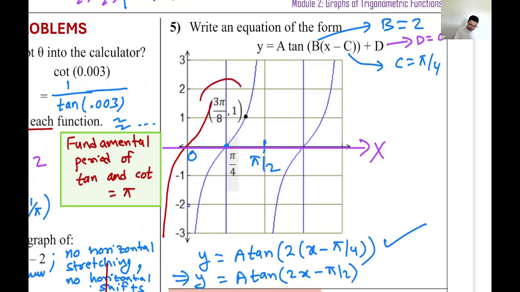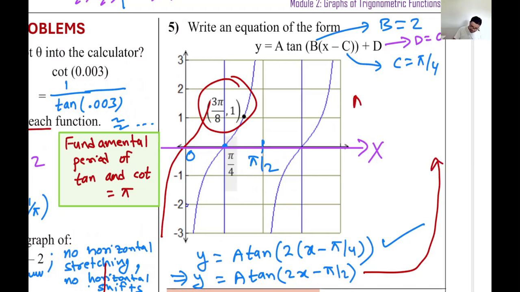I simplified it because I want to find the value of A. How do I get that? There's a point given, 3 pi over 8 comma 1. Your equation will be y equals, so 1 equals A tan of, x is 3 pi over 8, so 2x will be 3 pi over 4, minus pi over 2.